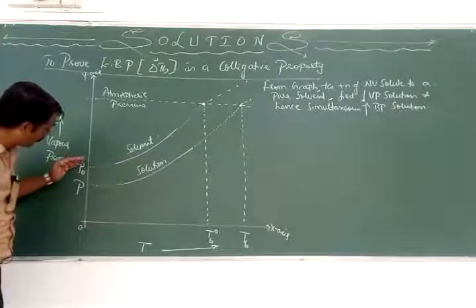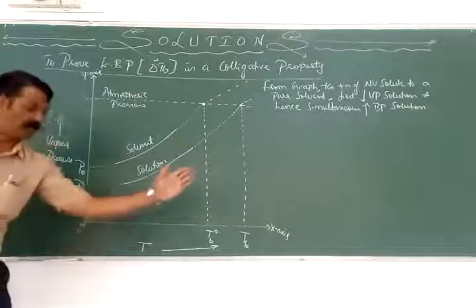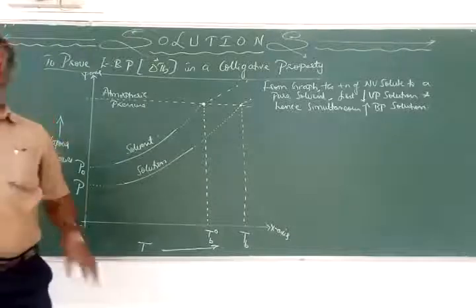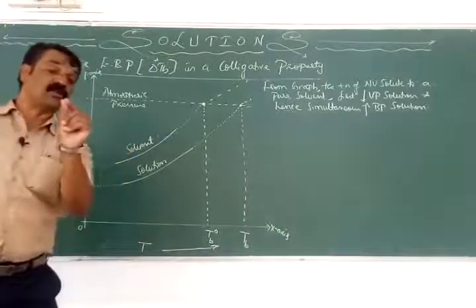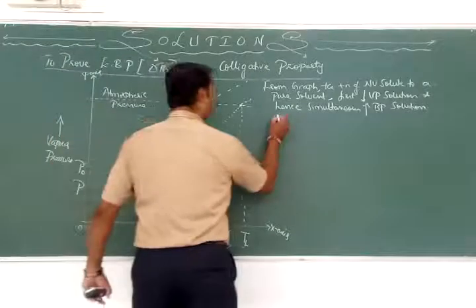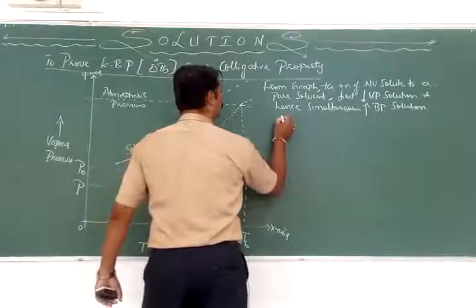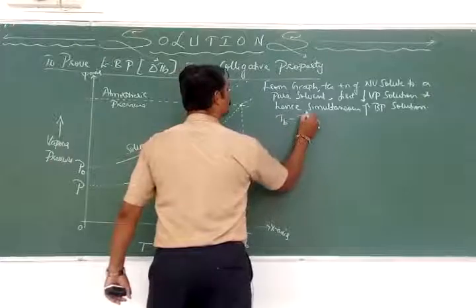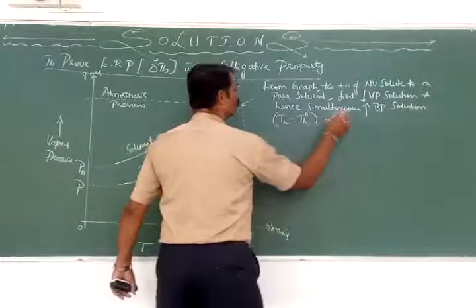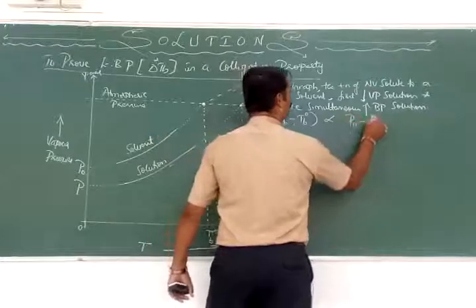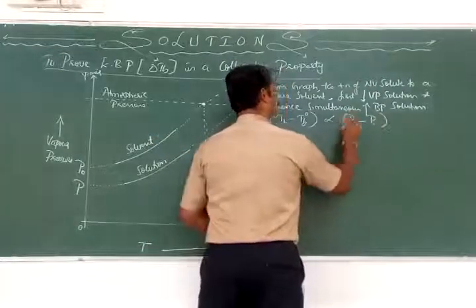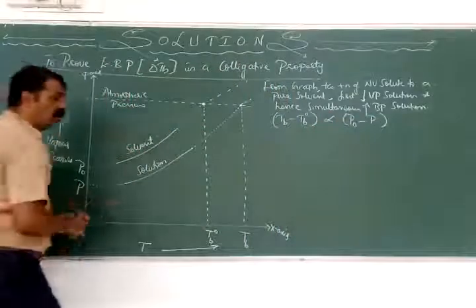Here, the vapor pressure of the solution goes on decreasing, and the boiling point of the solution goes on increasing. This is done only by the addition of a non-volatile solute to a pure solvent. Therefore, from that graph, TB minus TB naught is proportional to P naught minus P. That is, the elevation of boiling point is directly proportional to the lowering of vapor pressure.